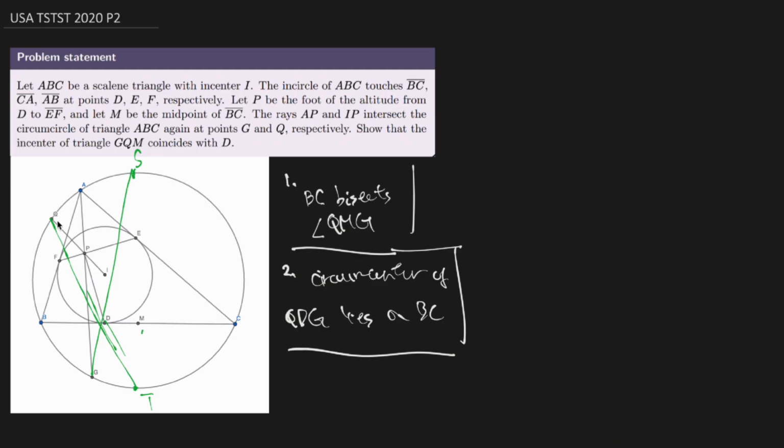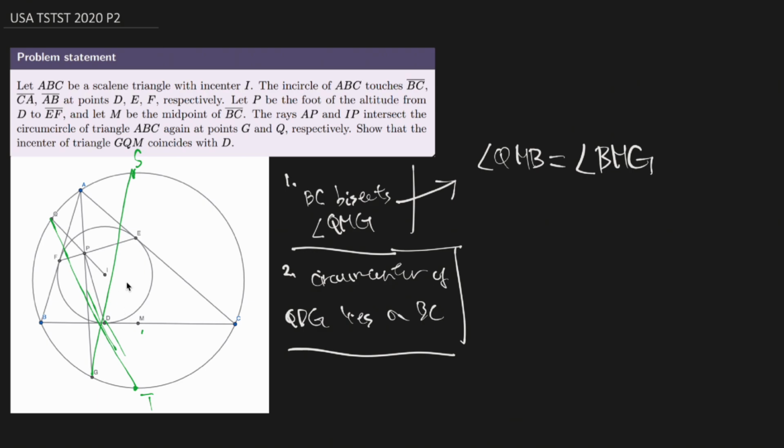So the first statement we want to prove is that QMB is equal to BMG. Let me just quickly write that here, so we can make it a bit more practical. We want to show that this angle is equal to BMG. So let's say that QDT and GDS are indeed all collinear.